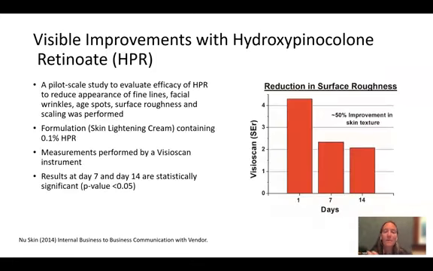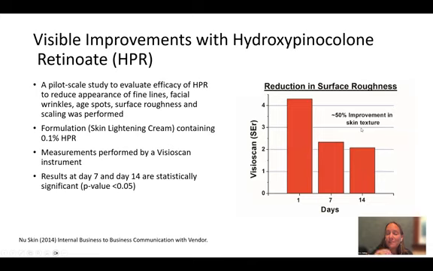Here we can see in another study where they had individuals use a formula with HPR in it, or this retinoic acid ester, and they looked at the reduction of skin roughness. So if we look at this scale here, it's important to note that the higher the score, the more skin roughness you have, and the lower the score, the more smooth your skin is in this Visioscan instrumentation.